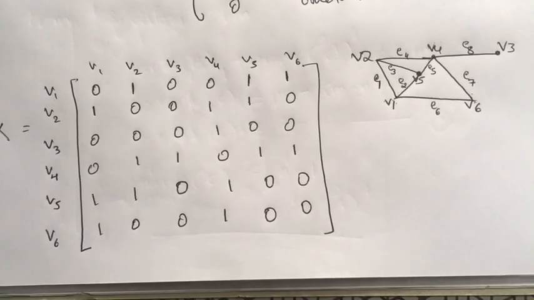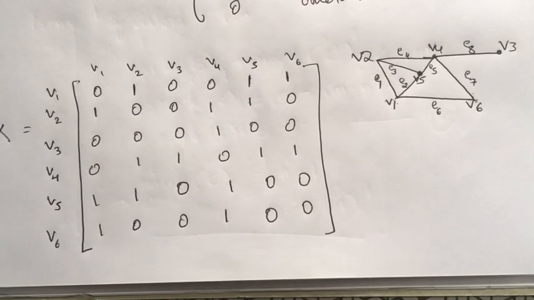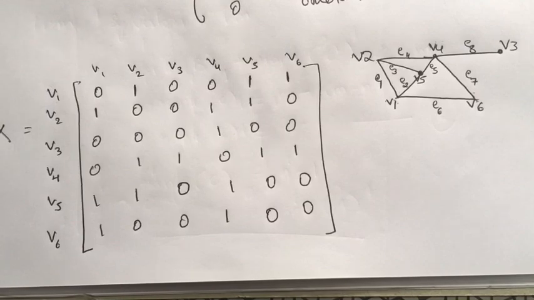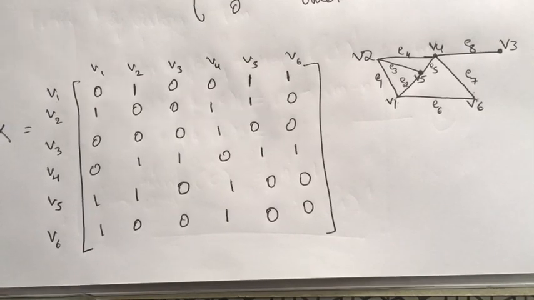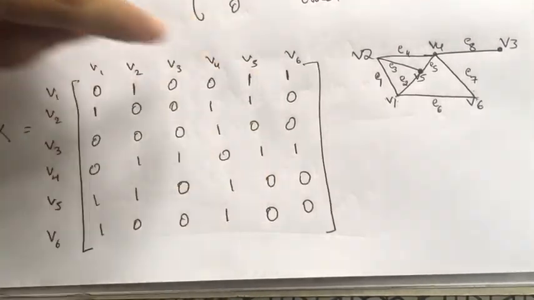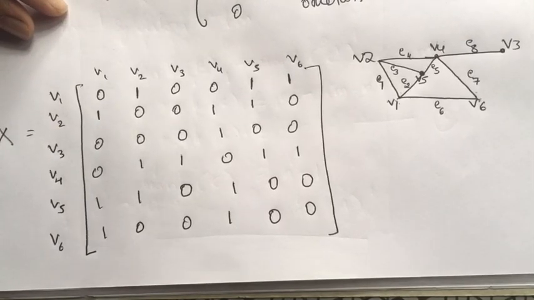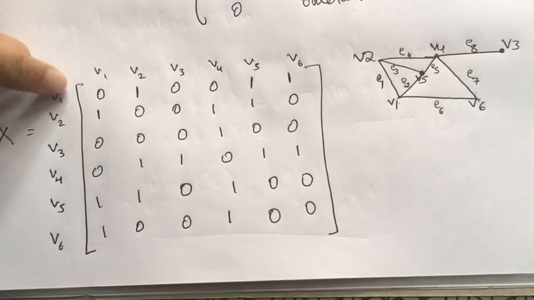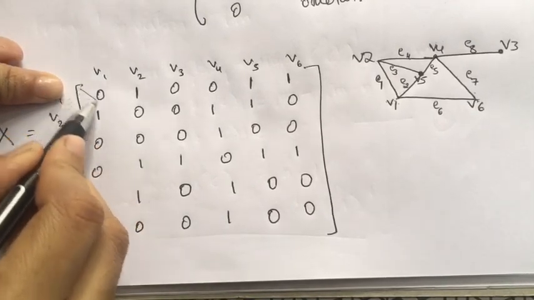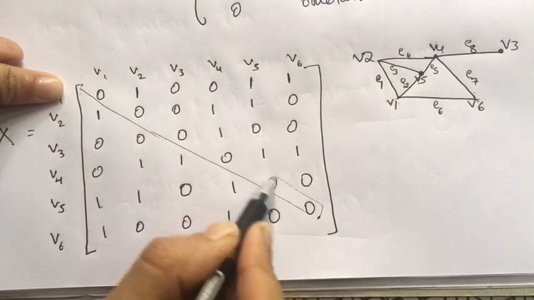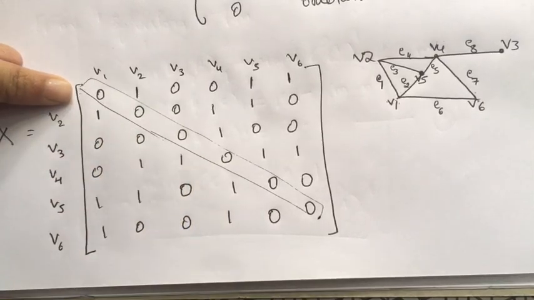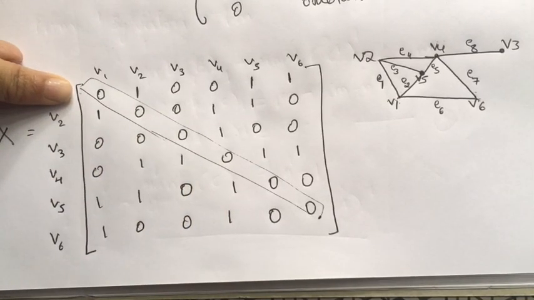Observations which we can make immediately by looking at this adjacency matrix X of graph G are like the entries along the principal diagonal of X are all zeros if and only if graph has no self loop. If the graph has no self loop, then I can say these entries along the principal diagonal are equal to zeros.